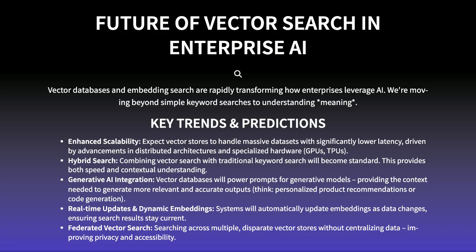Also, generative AI models are going to rely heavily on these vector stores for context. And, get this, we'll see systems that automatically update the information used to build those vectors so your search results stay up to date. Finally, data privacy is a big deal, and federated vector search will let companies search across their own data without having to move everything around.